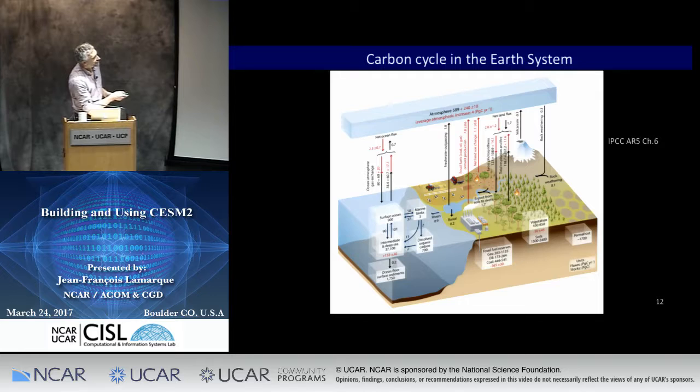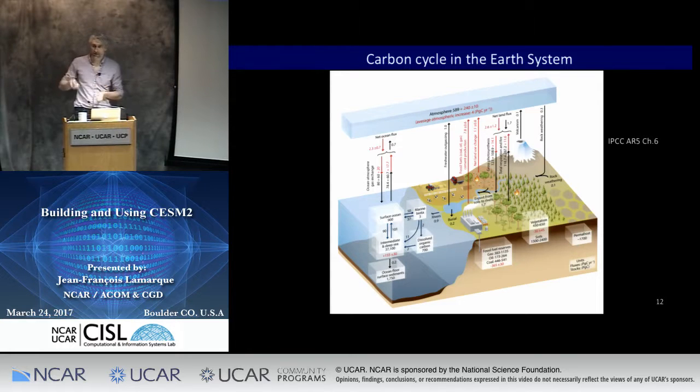These are, for example, the net ocean flux is, say, on the order of 2. But it's a huge balance between 80 coming down, 78 going up. So there are a lot of really big fluxes that we have to capture to get something where the change is actually much smaller than the size of the original flux.